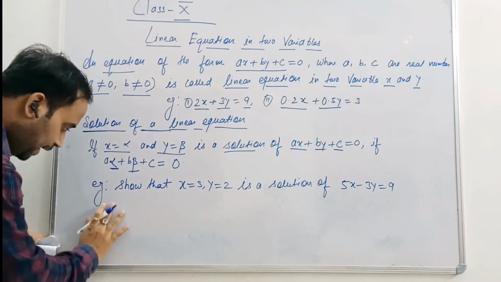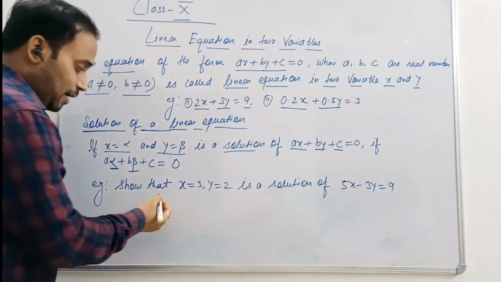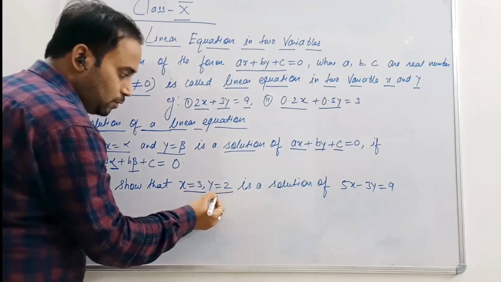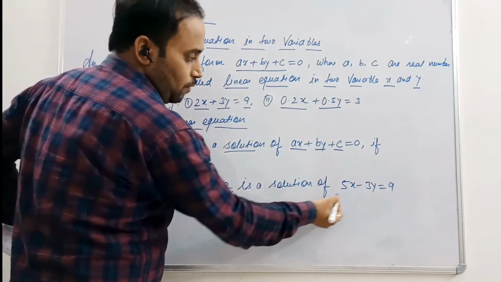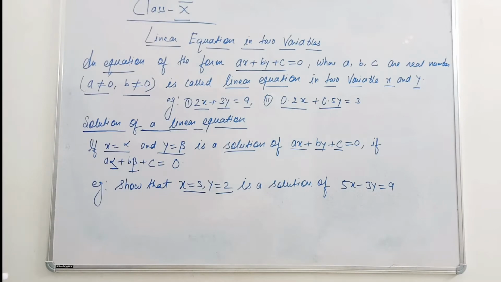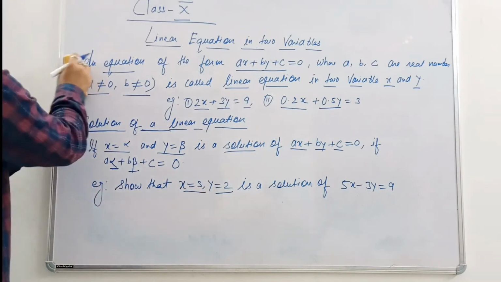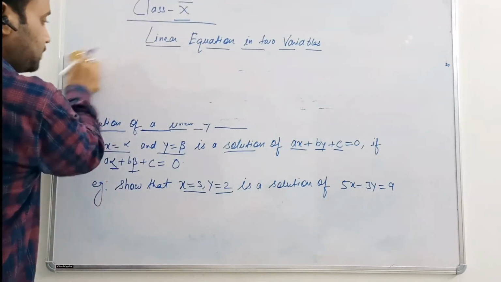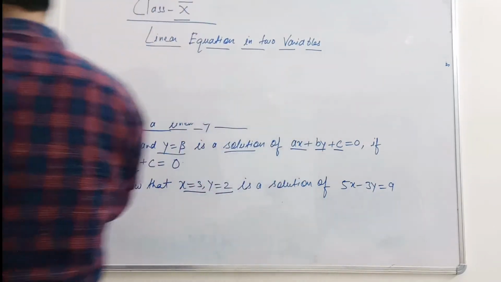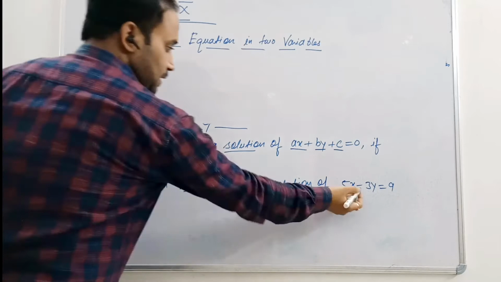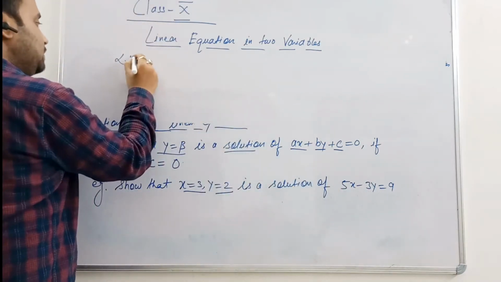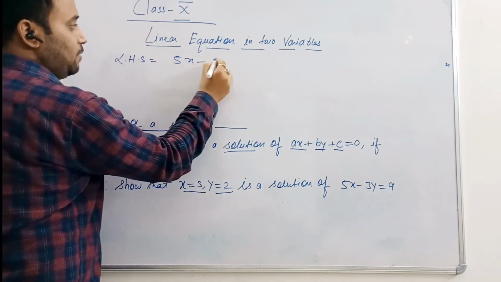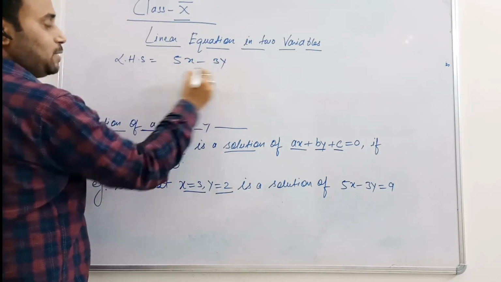Then we say x equals alpha and y equals beta is a solution of this equation. How? Take an example. Suppose we check whether x equals 3 and y equals 2 is a solution of this equation or not. Now see, this is our LHS: 5x minus 3y.